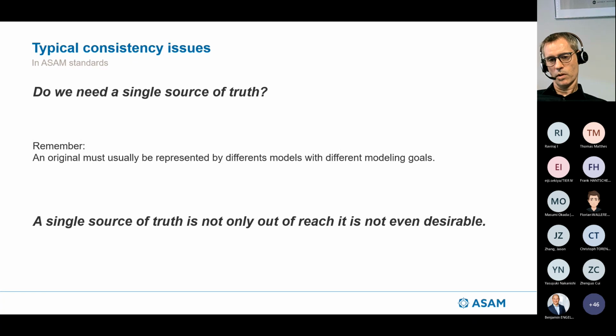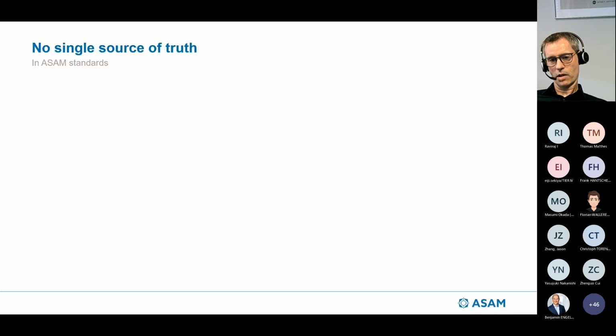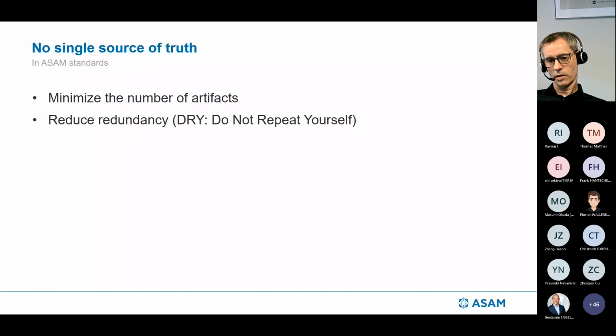And what we did in the standard so far is that, of course, we can minimize the number of artifacts. So this is also some kind of reduced redundancy, which means define things not in different places in the standard, and do not repeat yourself.